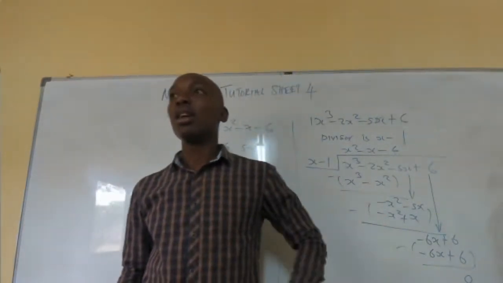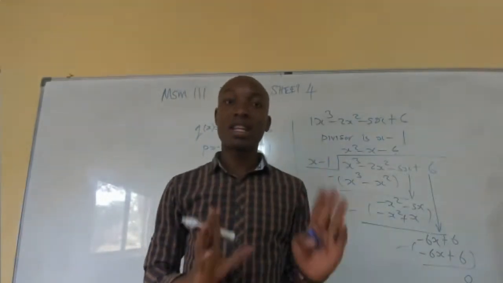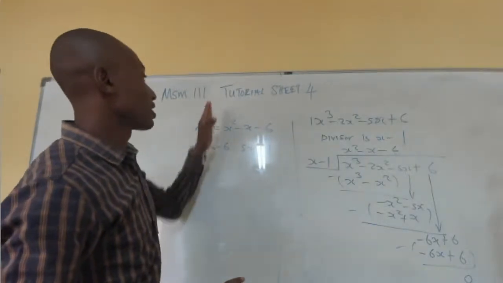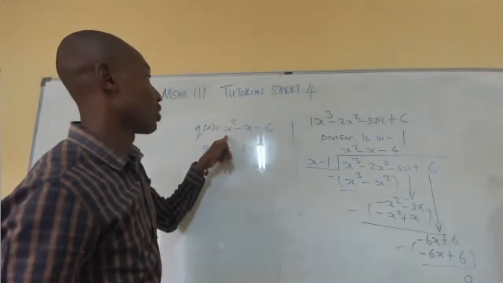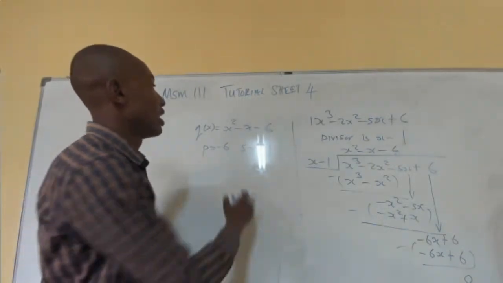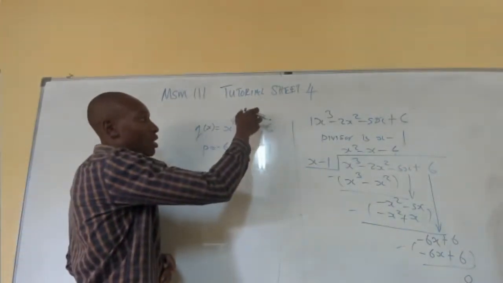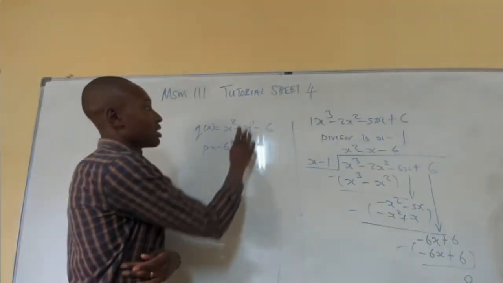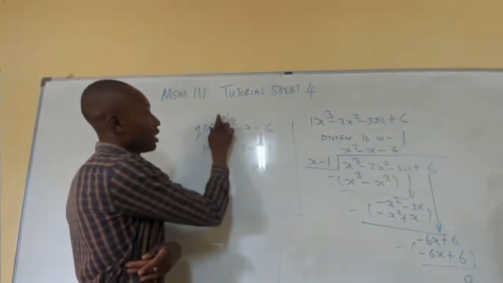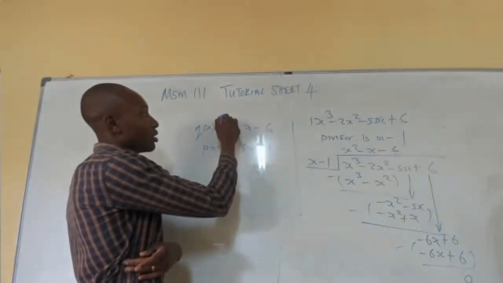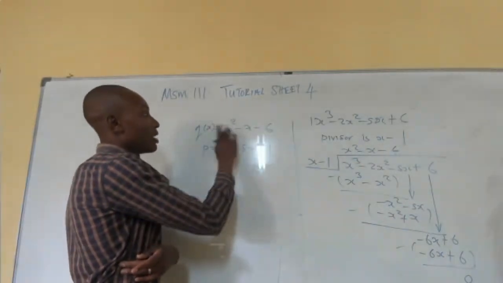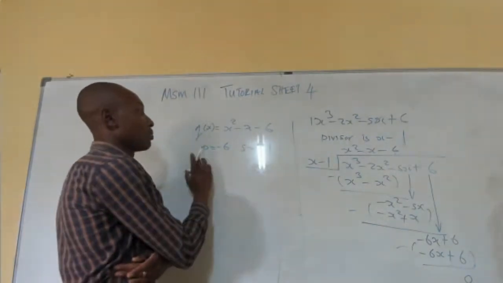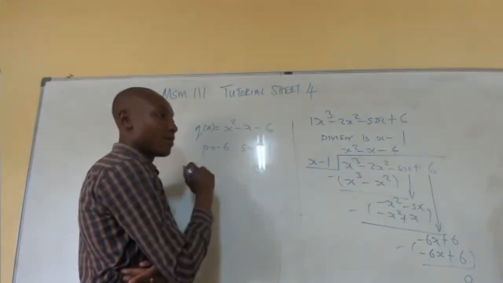In a quadratic equation, the highest powered variable will be x squared, and the next one, with the power of 1, gives the sum. So the 1 multiplied by 6 is how we got the product. Now the product is negative 6, and the sum is negative 1.